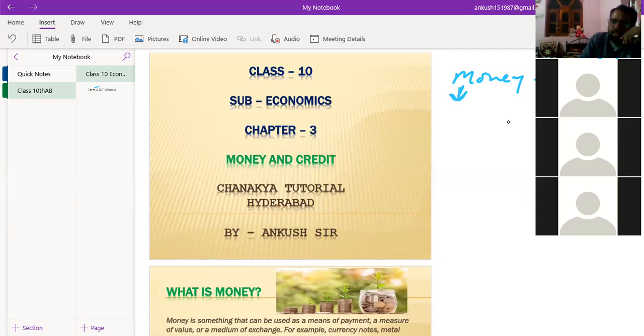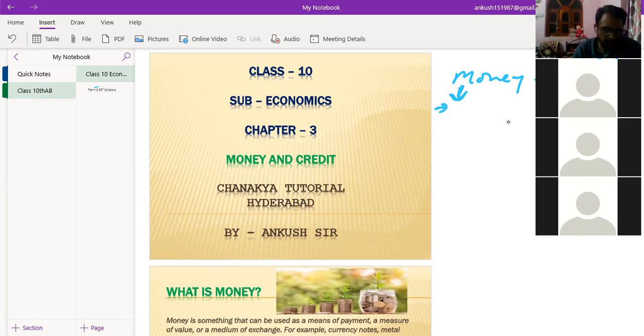Whatever things we do today, nothing is possible without the use of money, isn't it? It is the most used medium of exchange. Whatever we purchase or buy, those things are exchanged or purchased with the use of money only.